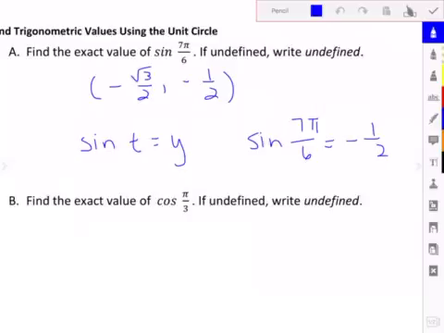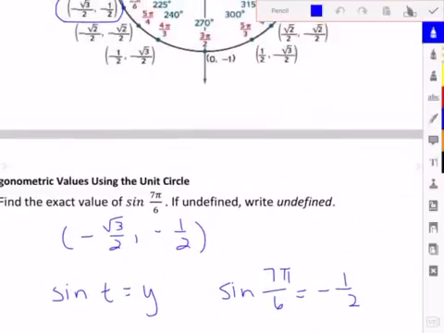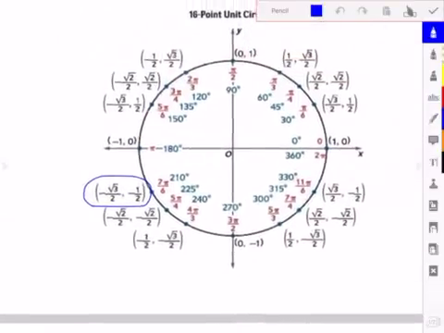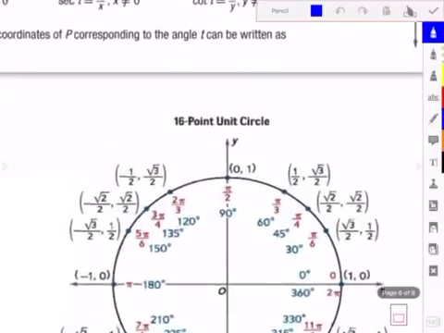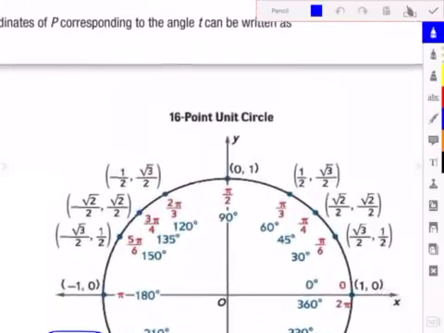Now we're going to find the exact value of cosine of pi over 3. So again, I go up to my definitions. And cosine t is equal to x. So looking at my unit circle, pi over 3, I've got the ordered pair 1/2 and square root of 3 over 2.